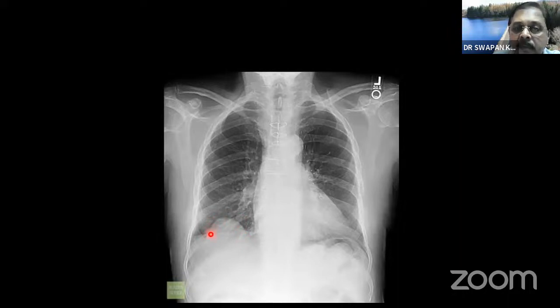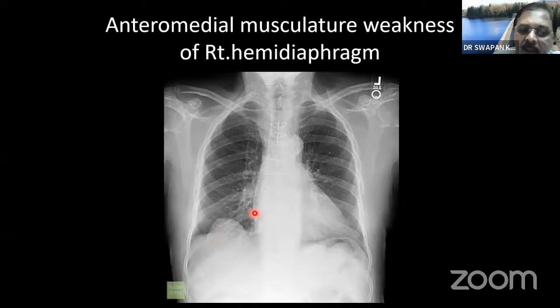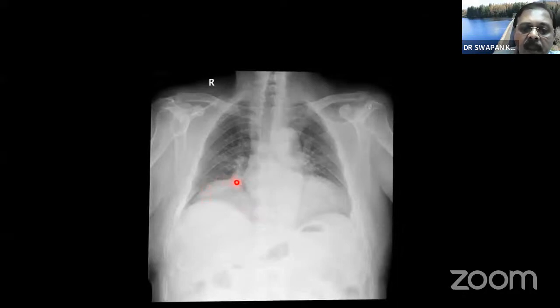So it is the anteromedial musculature weakness, so it is called a diaphragmatic eventration. And here another one looks like a flat type of diaphragm. So it is the anterior part of the diaphragm that is involved. If it involves the whole diaphragm, we call it paralysis. If part of the diaphragm is involved, we call it diaphragmatic eventration. In eventration, the whole diaphragm is never involved.